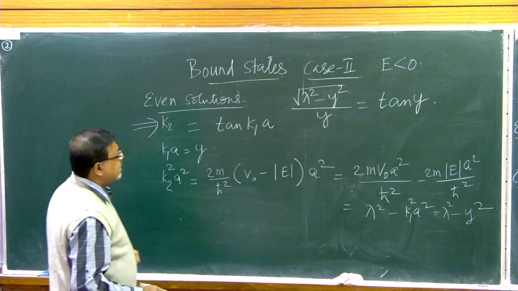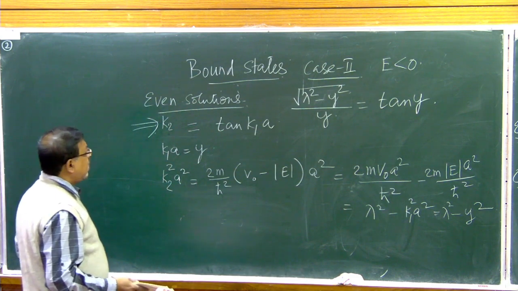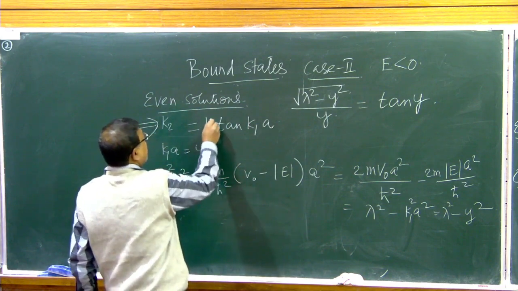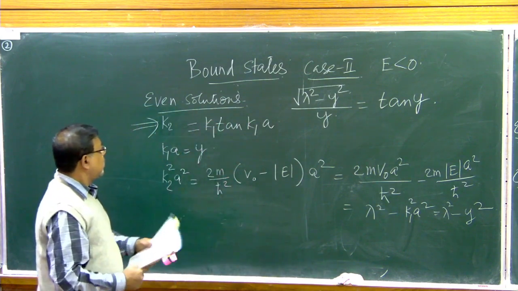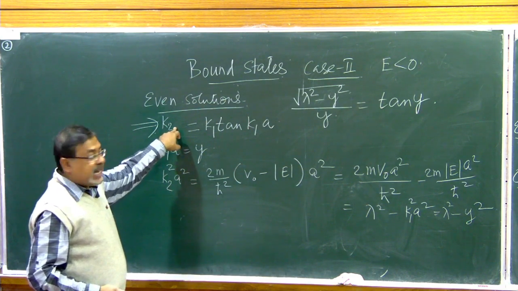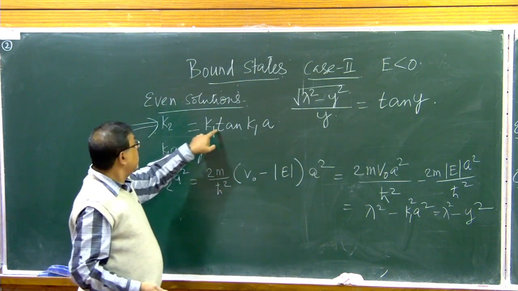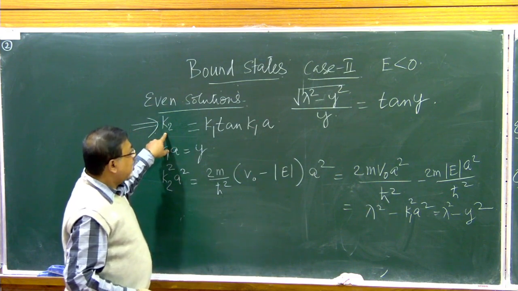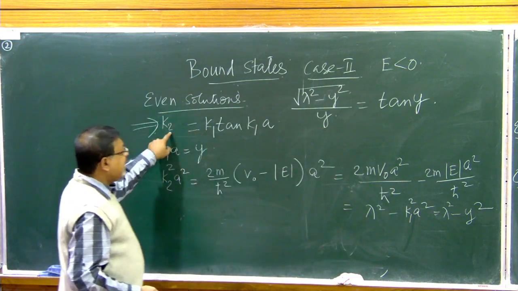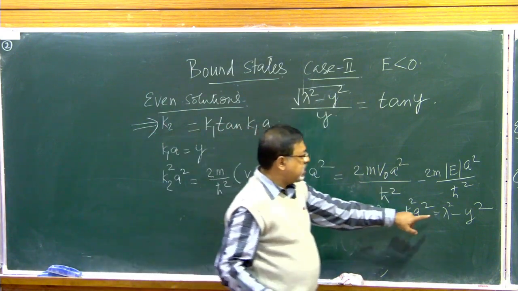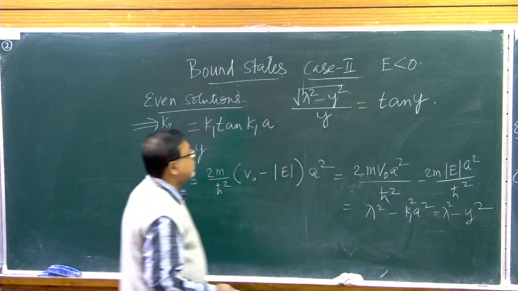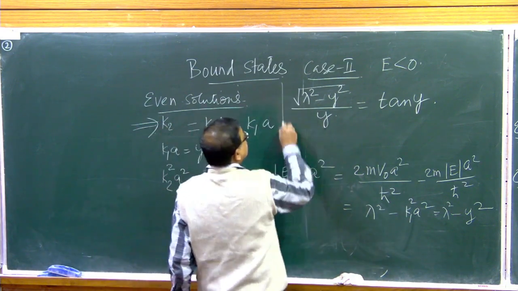Sorry, there was a k1 here which I missed. So I multiply both sides by a, so it's a k2a and a k1a here. Your y is equal to k1a, and k2a as we have just calculated is equal to square root of lambda square minus y square. So this is the equation that you have to solve.